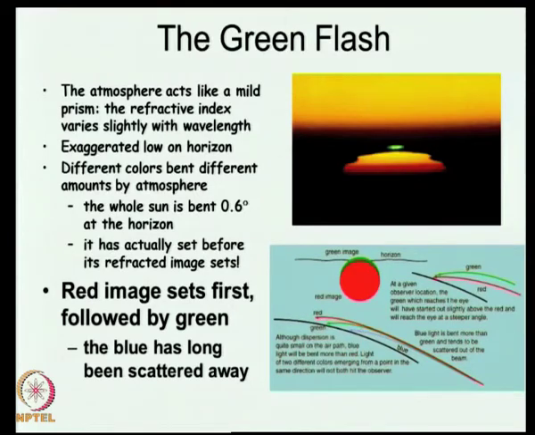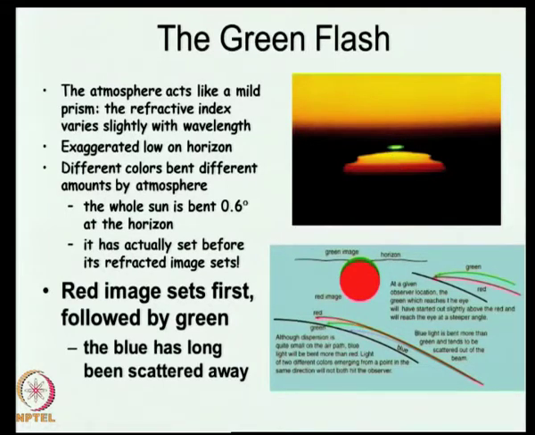One of the most intriguing phenomena that is caused by refraction is the green flash. After the sun is set, there is a detached green flash you will see.